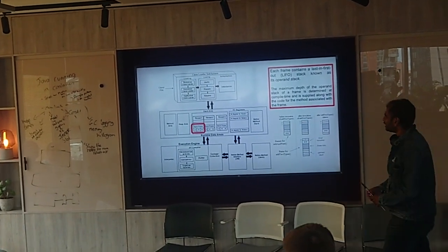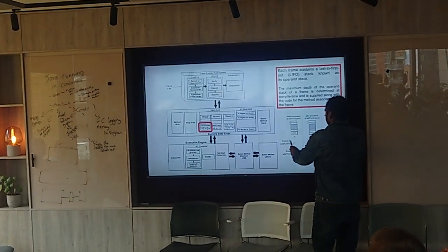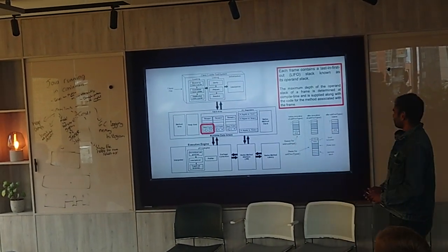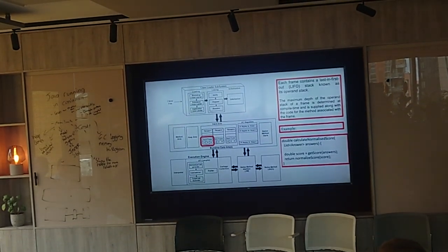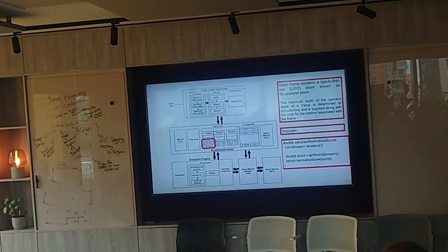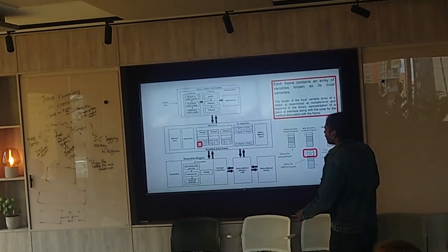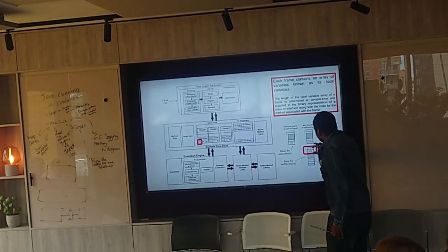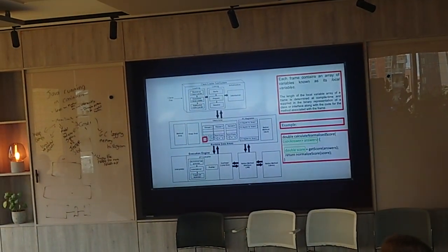So here is how the stack frame works with method calls. Don't worry about that one much. And this is the stack memory area, how things are stored, and this is the local variables, how local variables are stored in the thread in Java.